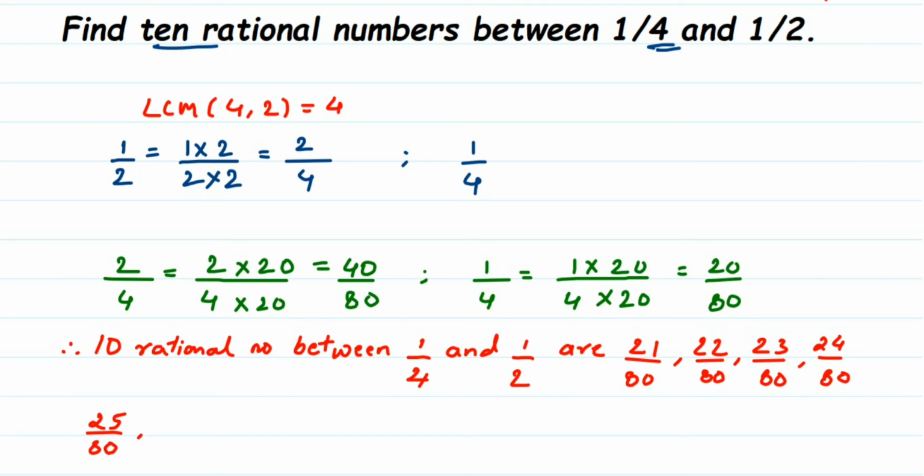You can take 31, so 31 by 80, 32 by 80, we can take 35 by 80, 36 by 80, and the last one you can take 39 by 80. I have just randomly taken 10 rational numbers.